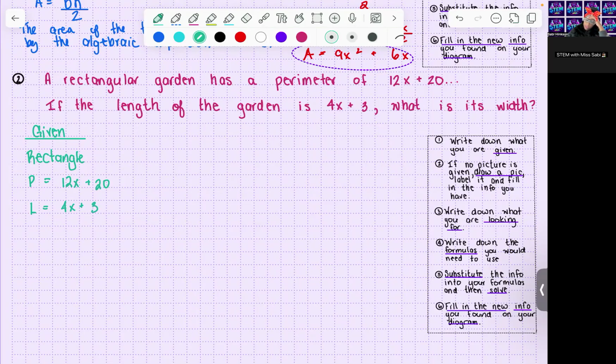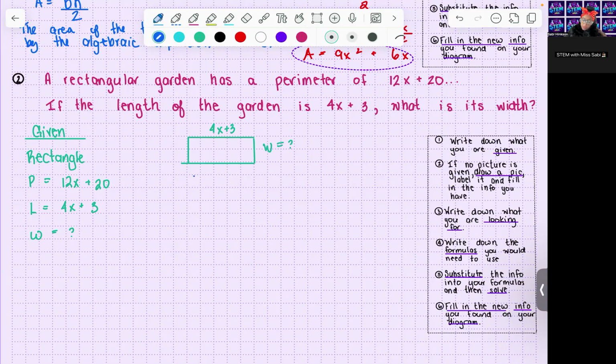What is its width? Okay, so let me draw this rectangle. I know the length, 4x plus 3. I know the perimeter. The width I don't know.